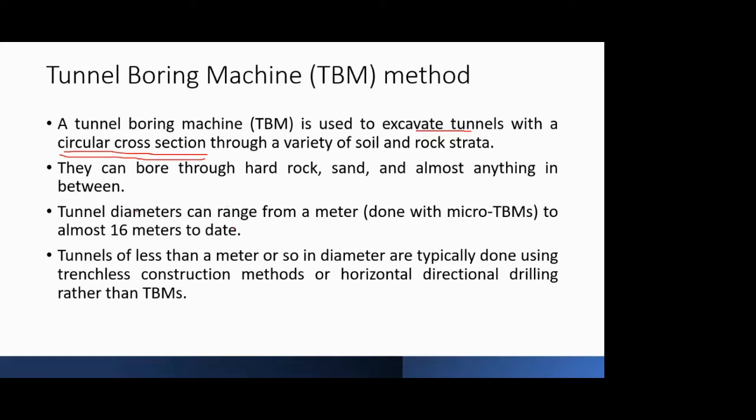So in that also I told you that though circular tunnels or circular cross section is suitable for conveying the water or that kind of utilities, it is widely used nowadays because the TBM itself is of a circular cross section. So that's why the tunnel also comes out to be a circular one, and then we have to fill the invert and then use it. Okay.